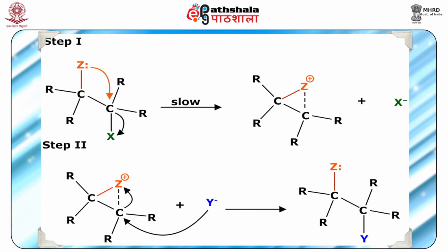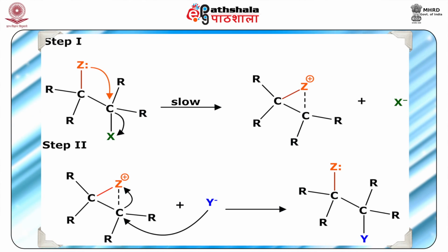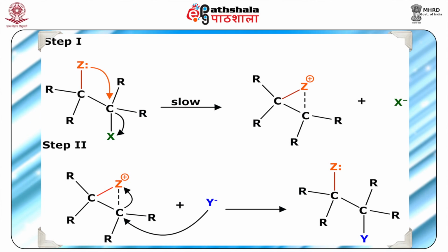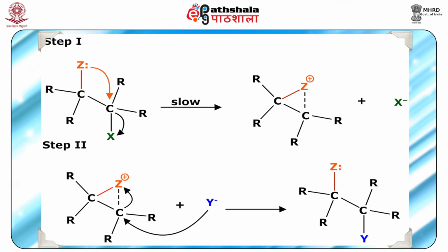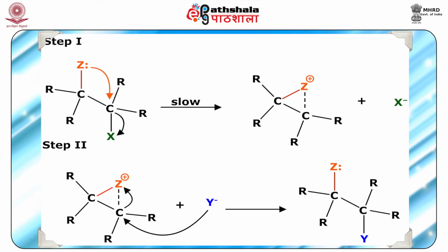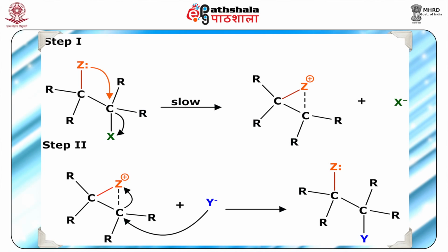As you can see here, in step 1, this particular group Z is attacking this carbon attached to X, and as X minus leaves, it leads to the formation of this 3-membered cyclic intermediate. Notice that the Z group is the neighbouring group which has participated in this mechanism and is providing the anchimeric assistance.